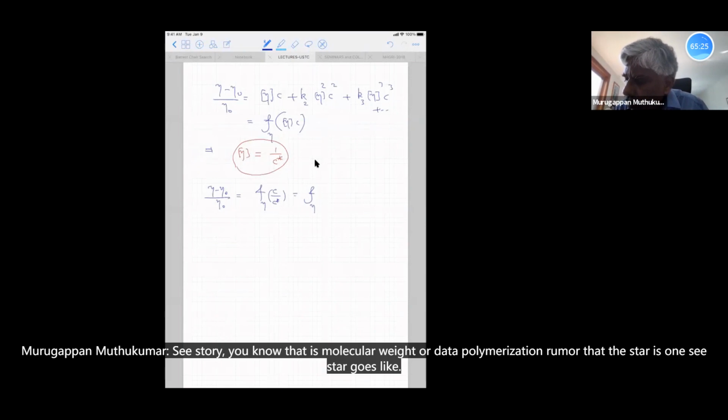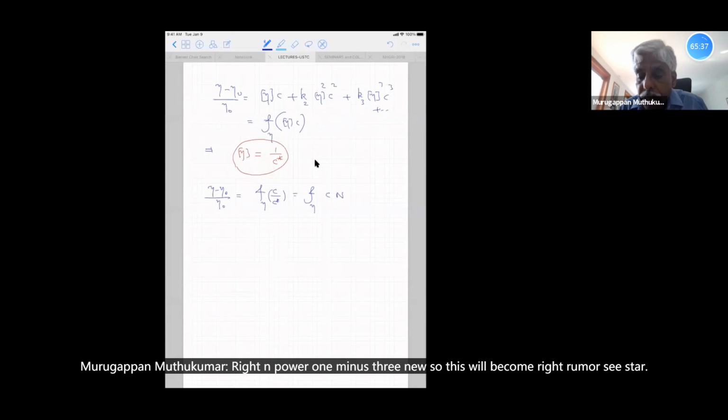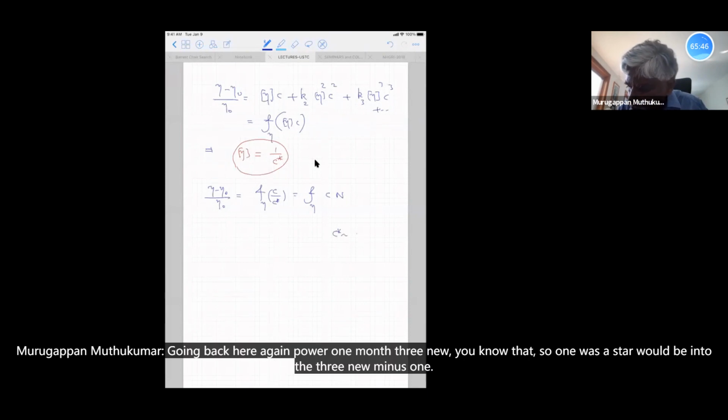C star depends on molecular weight or degree of polymerization. Remember that C star goes like n to the power 1 minus 3 nu. Going back to overlap concentration, 1 over C star would be n to the 3 nu minus 1.